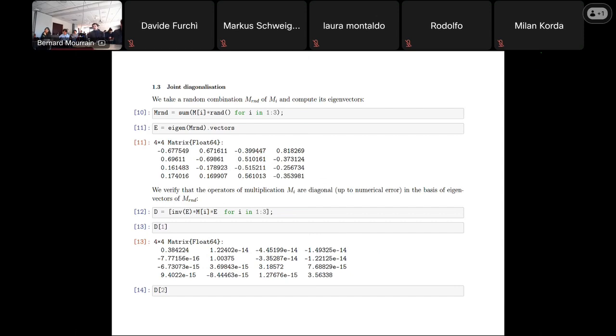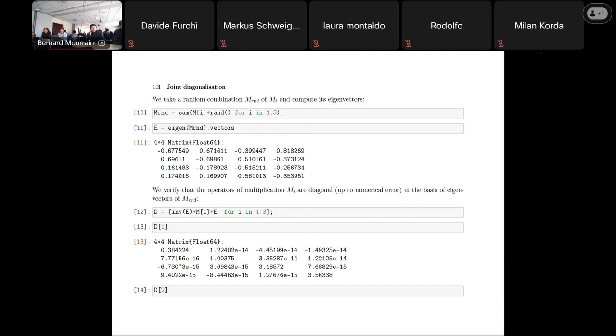So we compute these Mi, which are the multiplications by yi. We take a random combination, compute the eigenvectors, and get this. We verify that these are eigenvectors of all these commuting matrices Mi by taking the inverse of E on one side and E on the other, and look at what we obtain.